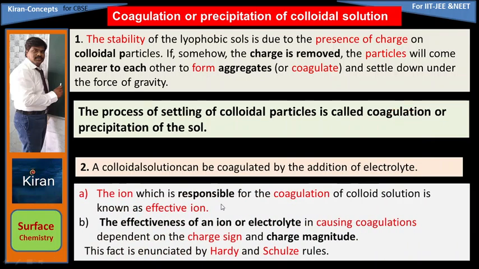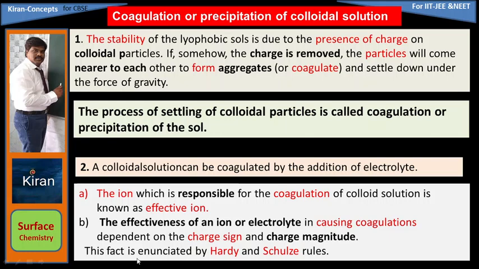The ion which is responsible for coagulation of a colloidal solution is known as the effective ion. Now I added NaCl, and you know that those ions are called effective ions. The effectiveness of an ion or electrolyte in causing coagulation depends on the sign and magnitude of its charge.